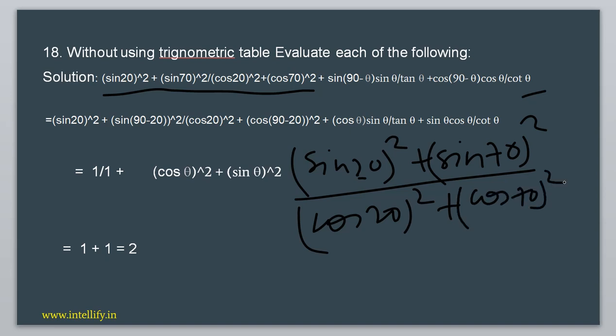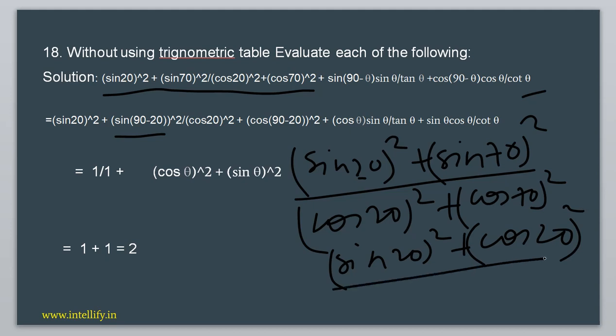Here you can see sin 70 can be written as sin 90 minus 20, which will be cos 20 whole square. So we can put sin 20 square plus cos 20 square. I have converted sin 70 here. You can see sin 90 minus 20 will give us cos 20, and I have written it directly.